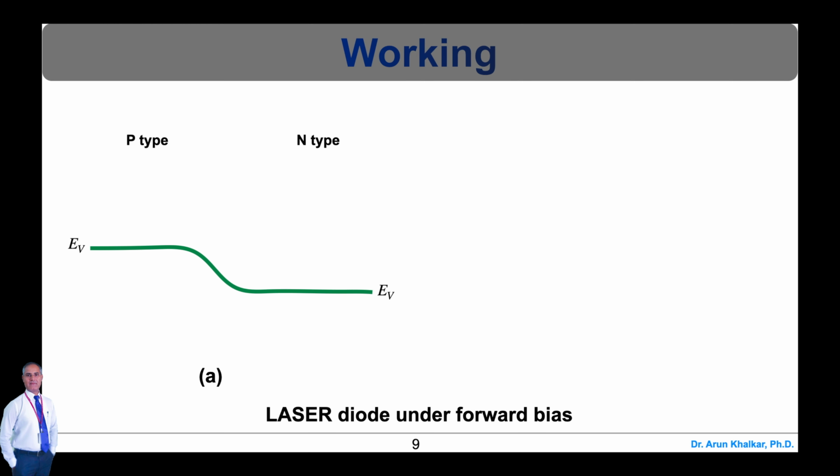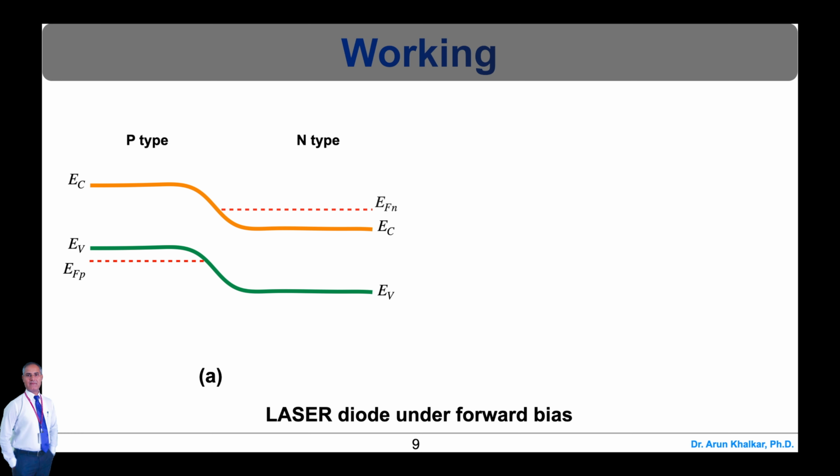Now let's see the working mechanism of semiconductor lasers. When the junction is forward biased, electrons and holes are injected into the junction region in high concentrations, as shown in figure A. In other words, charge carriers are pumped by the DC voltage source.